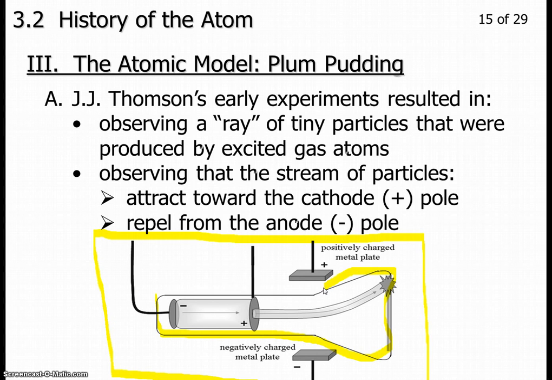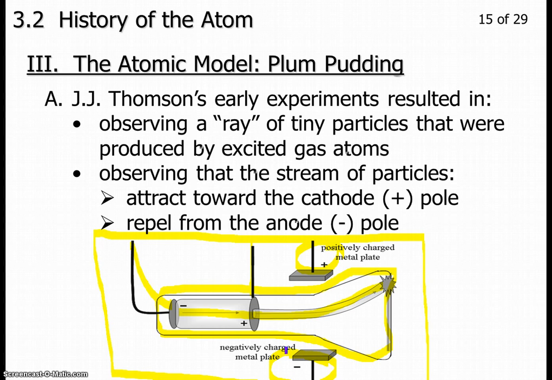And the gas, when electrocuted, and you can see these are the lines where electricity would go in and the circuit would be completed and go out, there would be a ray that showed up, and it was a ray of light which he proposed was not the atoms themselves, but actual particles that came from those gas atoms. And this ray, as we can see in the picture, is attracted up towards the positive end of a metal plate, which is making an electric field. And it is repelled away from the negative end.